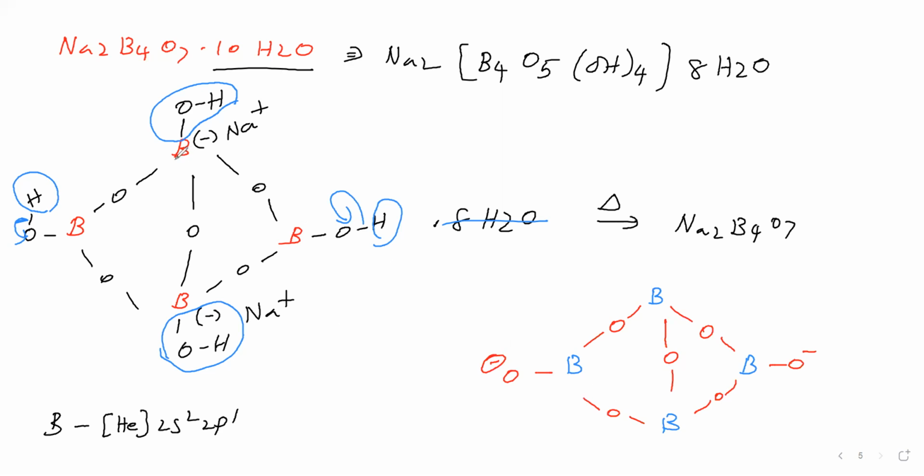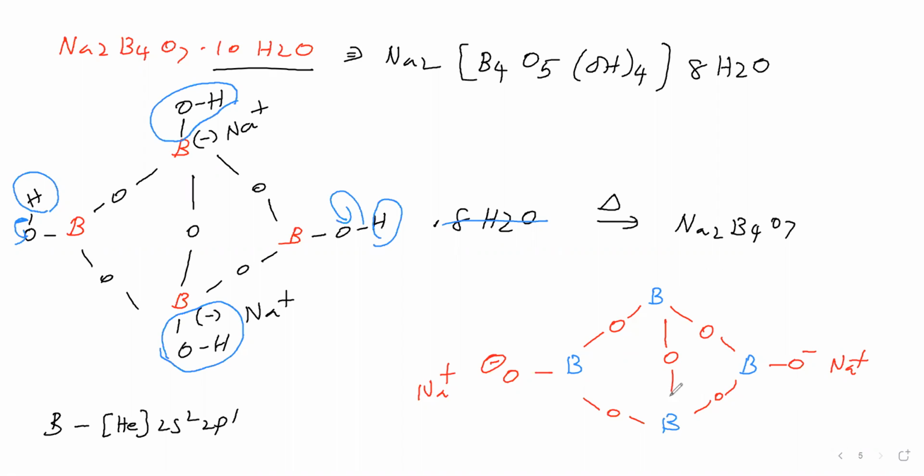This boron has a negative charge, this boron loses this bond, therefore the negative charge vanishes, and just boron will be there. This negative charge is satisfied by Na plus, here also Na plus. It is called Na2B4O7. So we have written Na2B4O7.